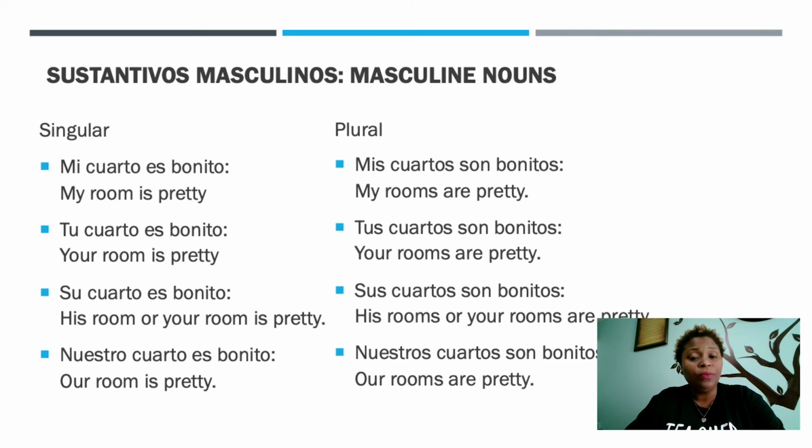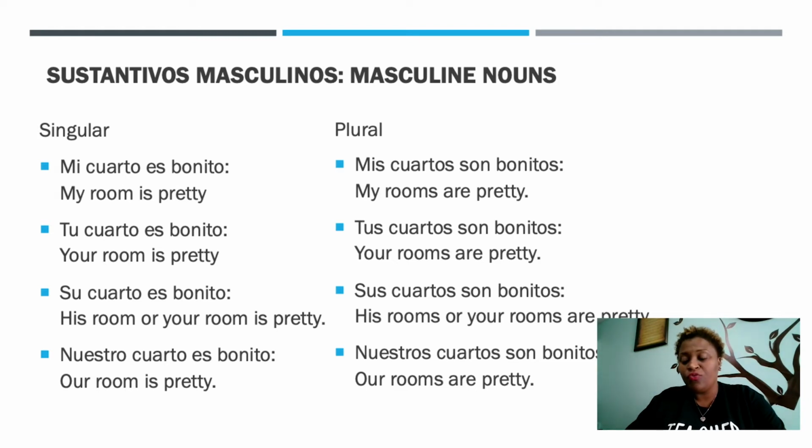Your room is pretty. Tu cuarto es bonito.